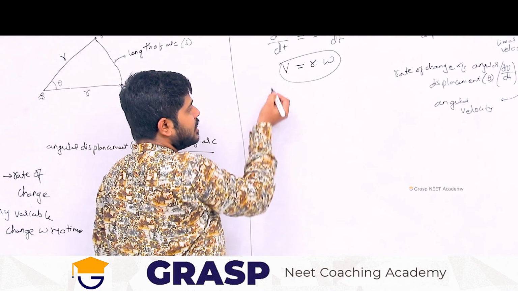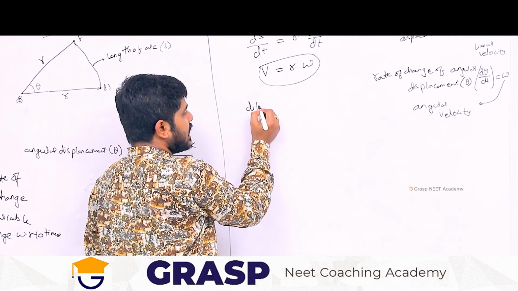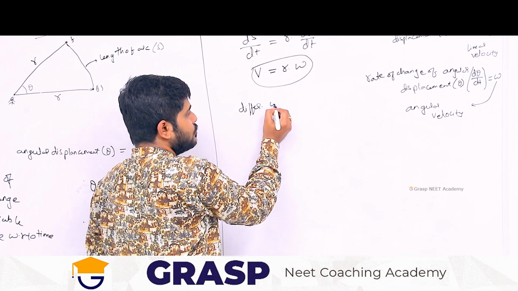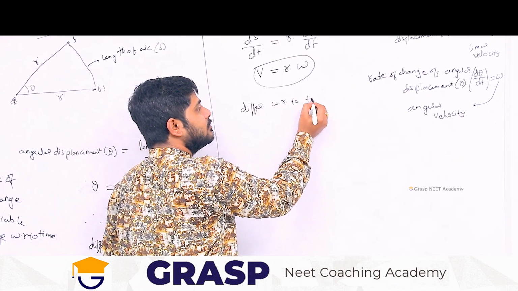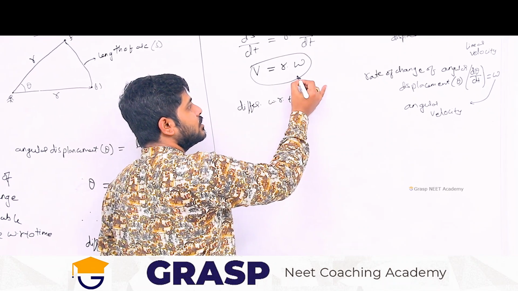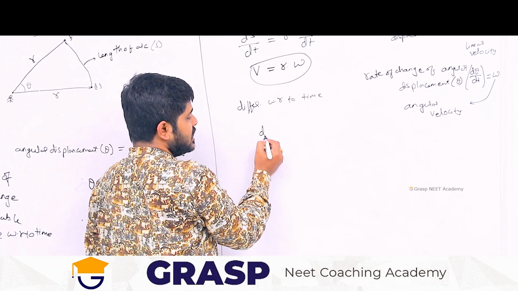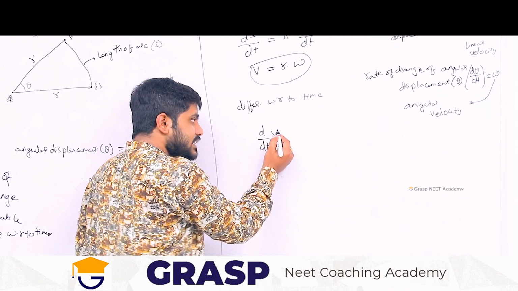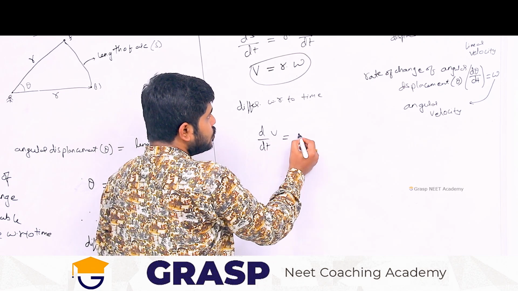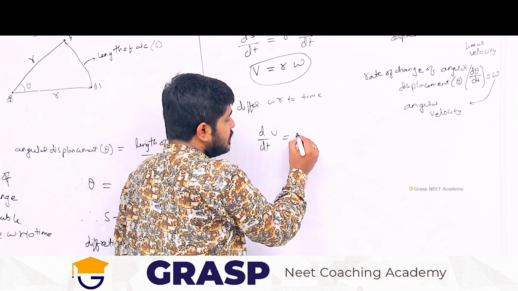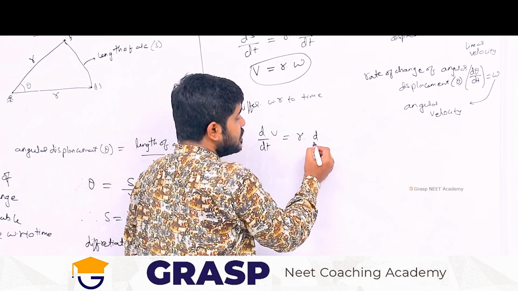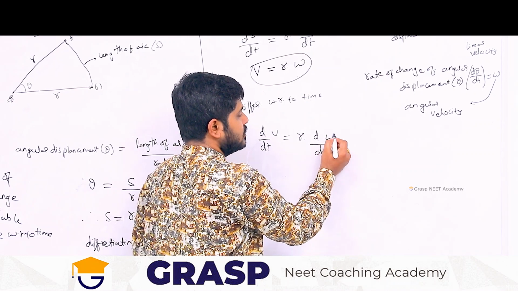Now if you differentiate the above equation with respect to time, d by dt of linear velocity is equal to r, which is constant, into d by dt of omega.